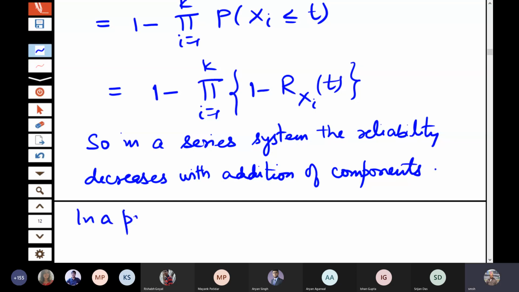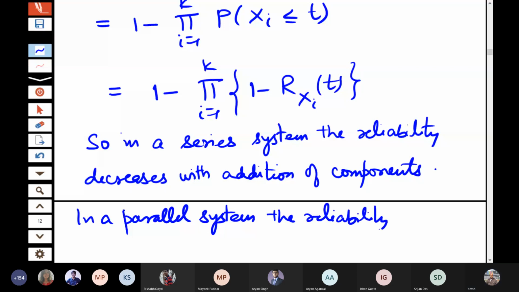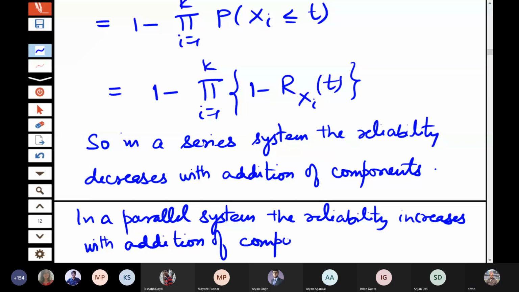In a parallel system, the reliability increases with addition of components. Okay.